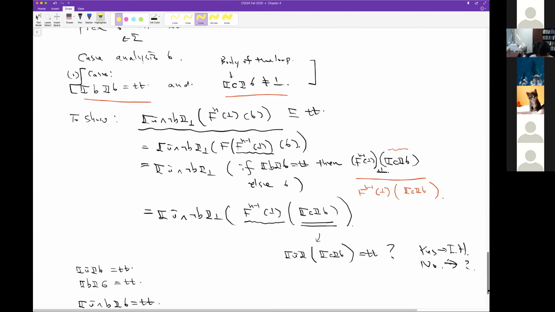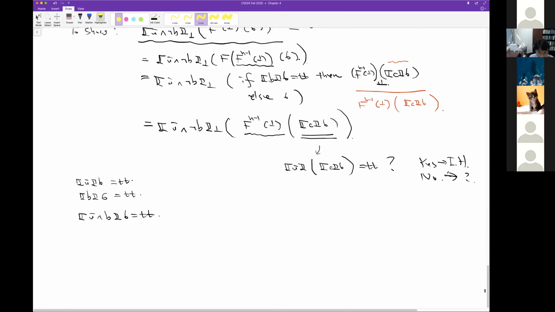So if we just plug this in, then by that assumption, we know running the command C, let's write it exactly, the lifted command C on sigma is going to be less than or equal to T, but this part we know is not going to be equal to bottom.